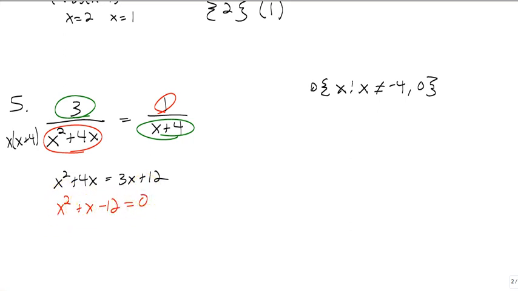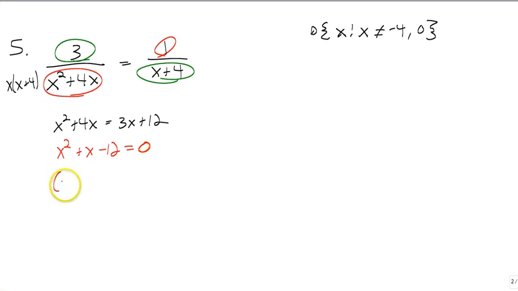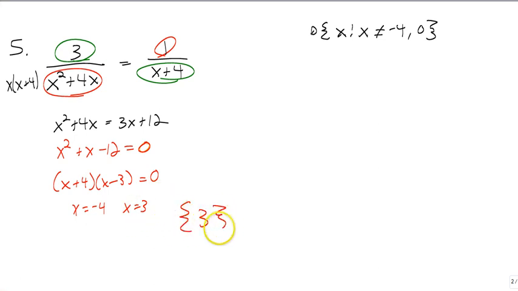And when I simplify, oh, how did that change color? There we go. When you factor, you get x plus 4 and an x minus 3. So you get x equals negative 4 and x equals 3. Again, we have an extraneous and a real. Our real one that works is the 3, but x cannot be negative 4.